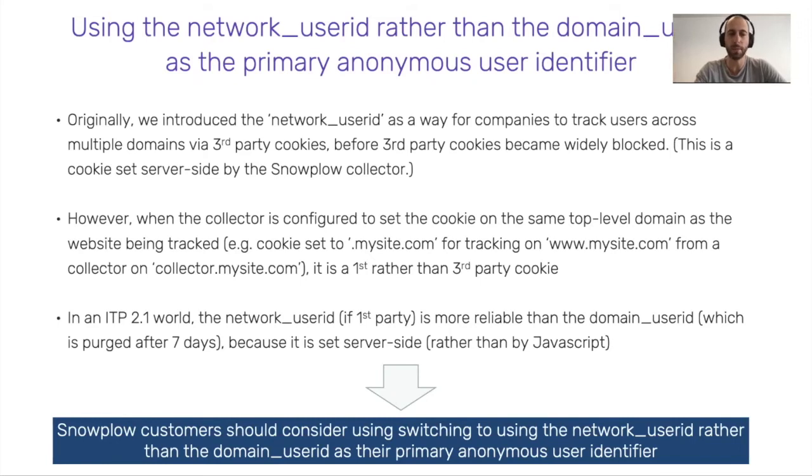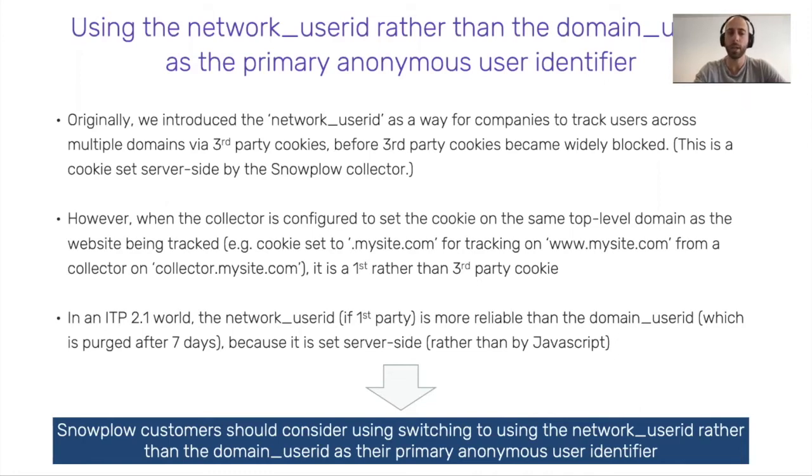The important thing from an ITP 2.1 perspective is that this first-party cookie is set server-side by the collector. Because it's set server-side, not client-side by the JavaScript tracker, it is not subject to ITP 2.1. So that cookie can be set. I think it's got a default expiration of 365 days, and Safari won't clear it after 7 days.